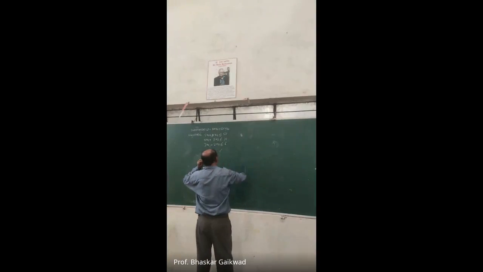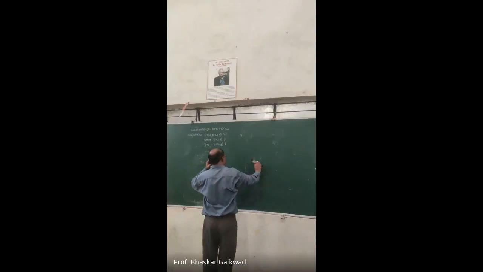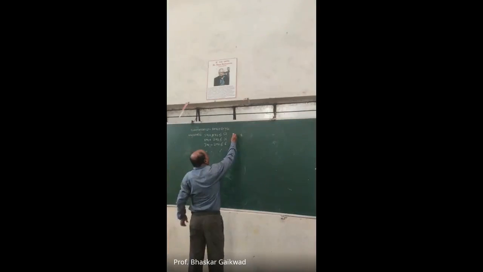So here three constraints are there. So we will make three tables for this: table number 1, 2, 3. So three constraints, three tables.